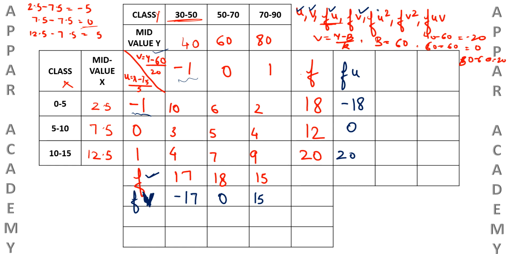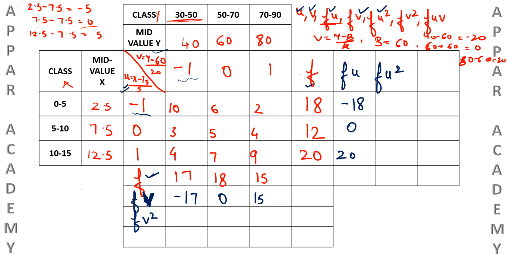Next is fu square. Why are we writing fu squares in column form? Simply because we have f over here and u is also parallel to it. We need to compute these values parallel to the values of x. And for v's, we need to find the values parallel to the values of y. Okay, so fu square, and over here we will find fv square. So fu square simply means f, that is this column, multiplied by u into u.